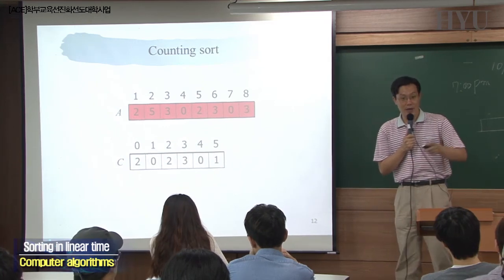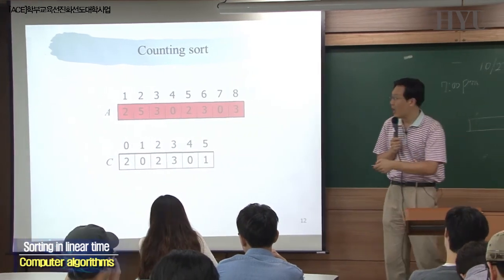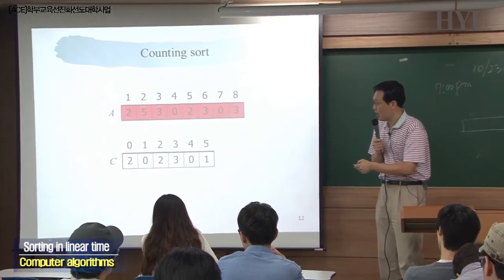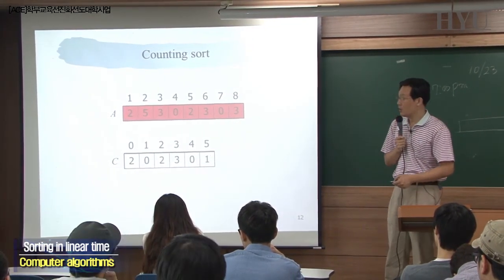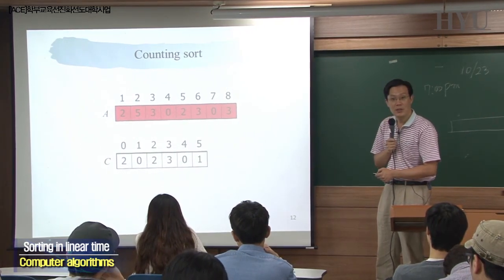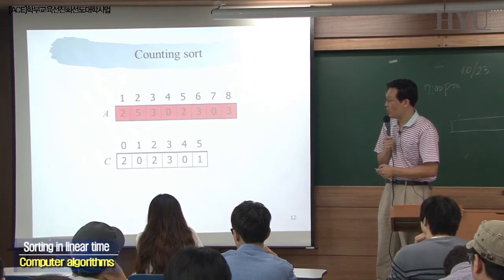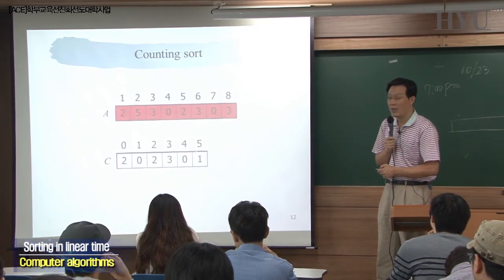So after the left to right scan, we have a counter array like this. And it says there are 2 zeros, no 1, 2 2s, 3 3s, and no 4, and 1 5.